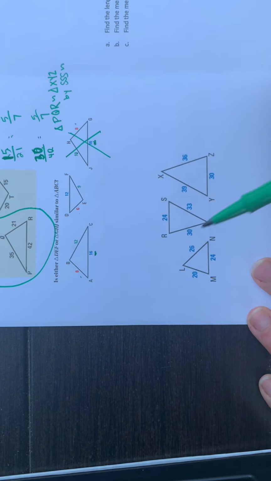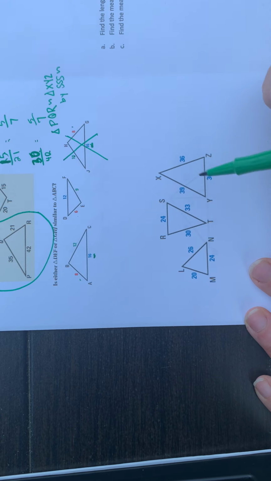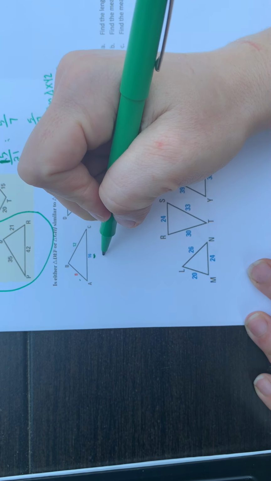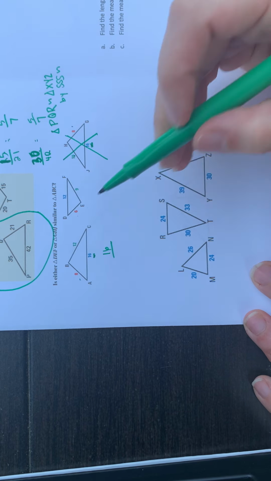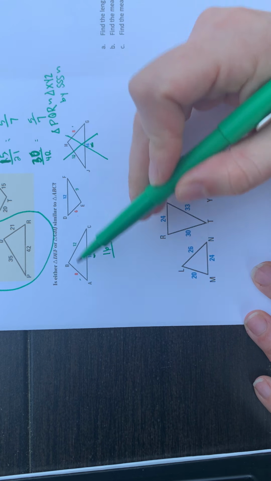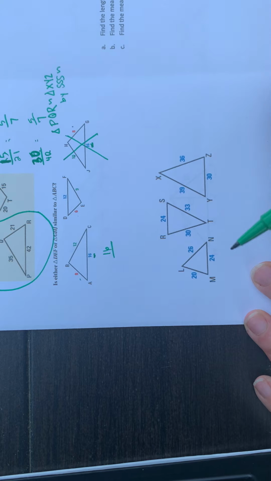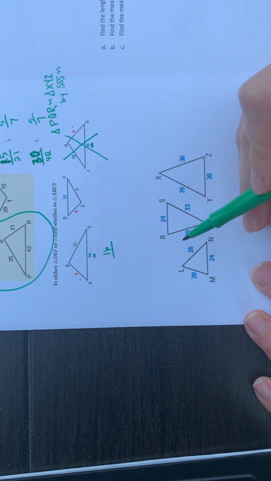So I'm just going to double check here that these two triangles would indeed be similar. Remember, it doesn't really matter how you write your fractions because we weren't given a direction. So we're just going to assume that we're going from small to big because I'm putting the bigger number in the numerator, but you could do it the other way as well.